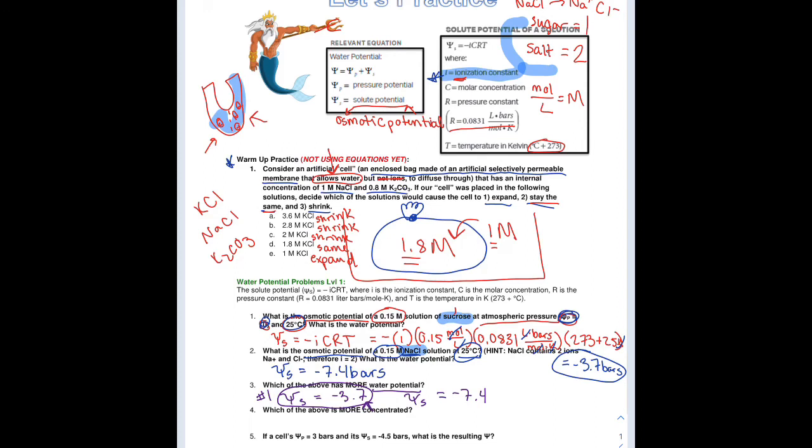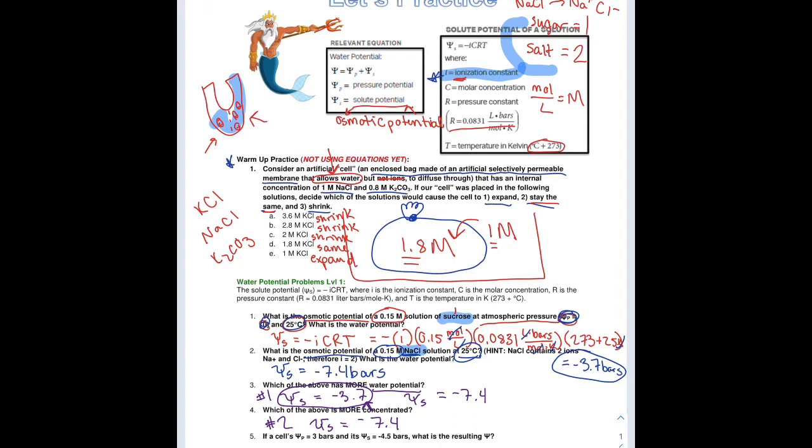Okay, so knowing that, which one is more concentrated? Well, question 2 would be more concentrated, because the more solute you add, the lower this number is going to go. So the more solute that you have, the lower the solute potential.